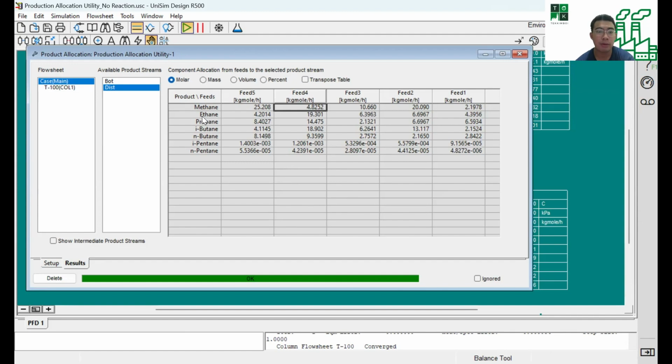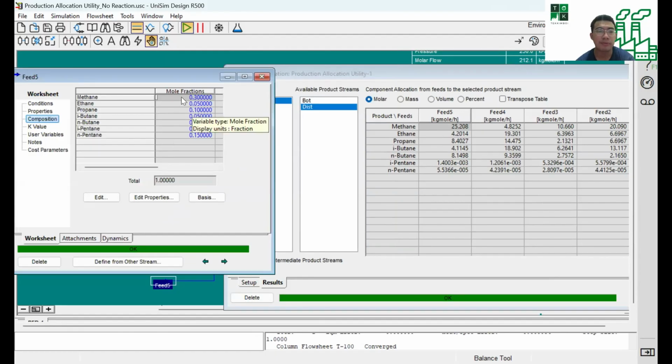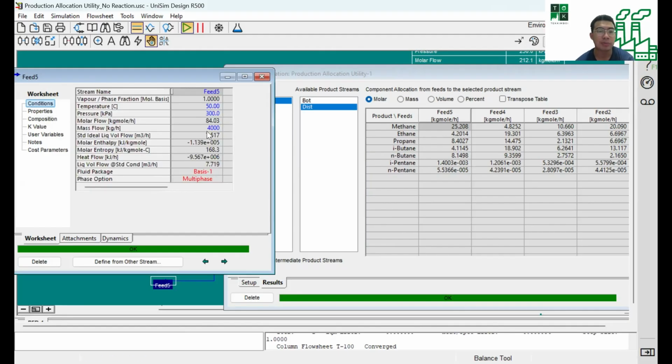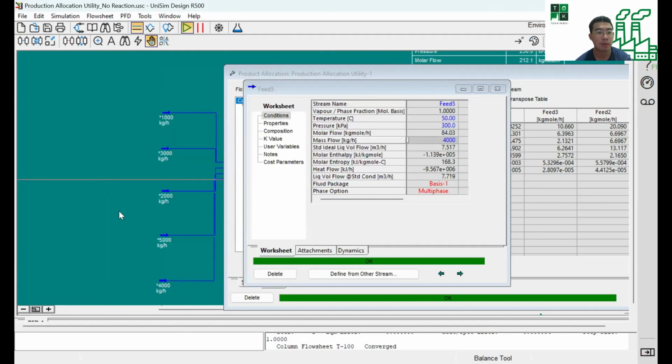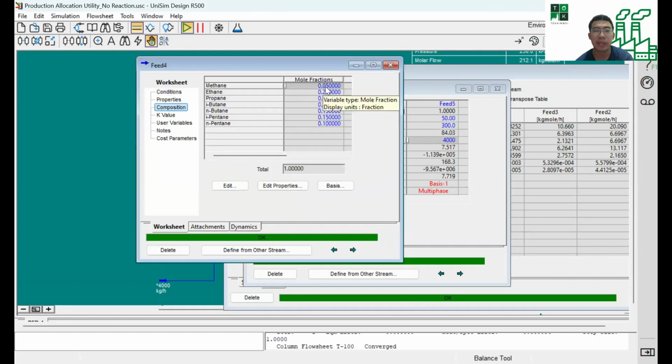So in short, we could say that the largest contribution of methane to the distillate comes from FIT 5. If we see the composition of FIT 5, we could notice that FIT 5 has a big methane fraction of 0.3 with a big mass flow compared to the others. While C4 has 5,000 of mass flow, the methane is very low. So that's why the contribution is not big.